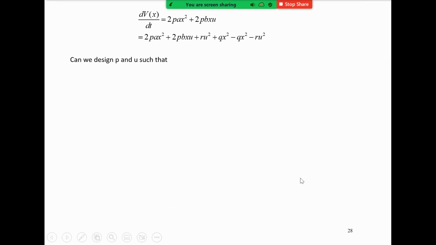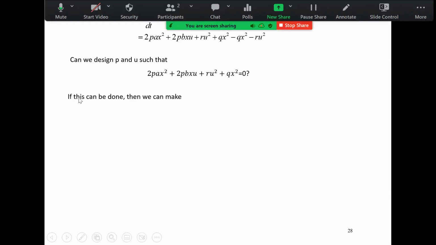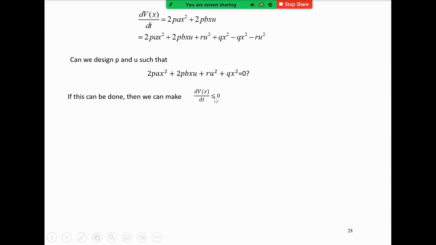Then we ask the question, can we design, remember, we can choose P, we can design the control input U such that those four terms can be zero? If that is possible, we can make this one less than or equal to zero. This is zero, and we are left with minus Qx squared minus Ru squared.